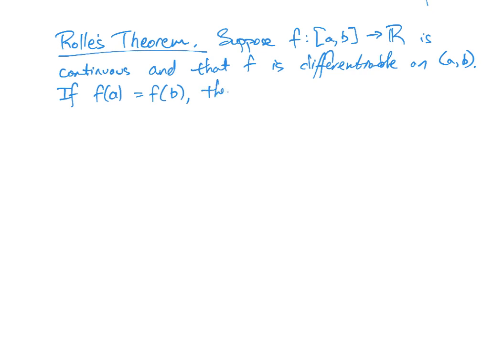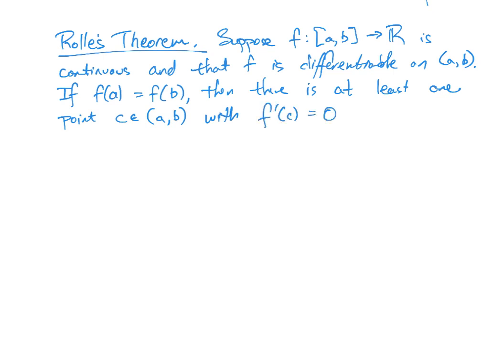And the conclusion is that there is at least one point with a 0 derivative inside there. So there's at least one point C in the open interval whose derivative is 0. F's derivative is 0 at that point.